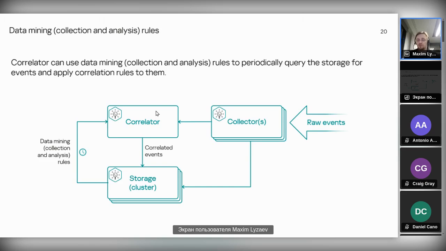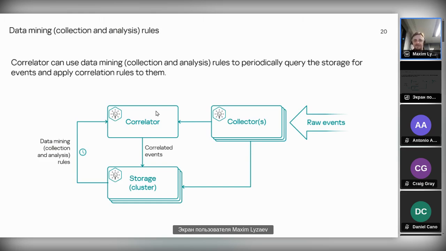But if you want to track and count failed logon attempts over a week, a day, or a month, you would need to create something else. In the previous release, you had to create active lists to save these events and count failed logon attempts for a week or a month. Technically you can create a correlation rule with a time window equal to a week or a month, but it's not wise.